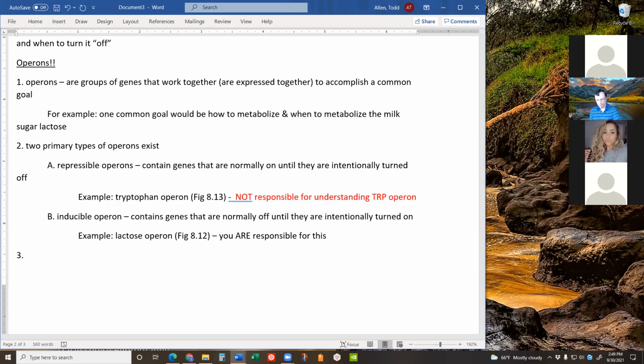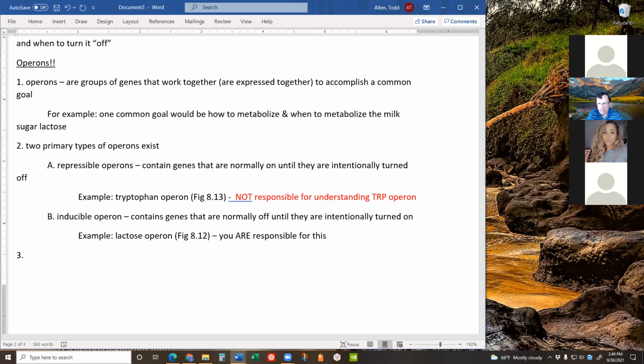Number 3, some other things about operons. There are times, such as in the repressible operons, where genes are normally on. They are just expressed all the time until you turn them off. Well, I'm going to tell you there's a category of genes that are always on in the cell and they never get turned off.